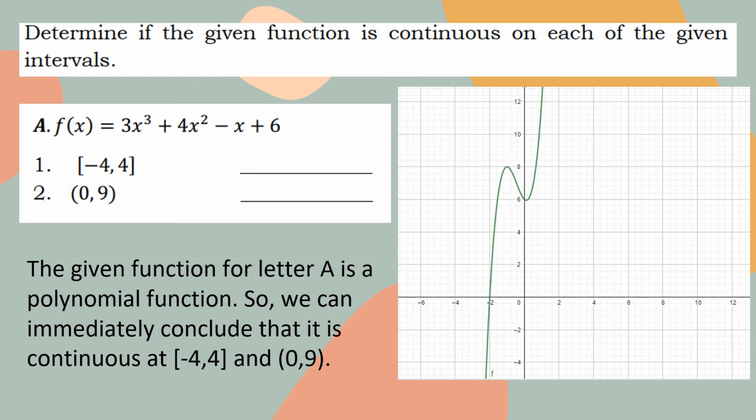But if you are not contented with the explanation, I can show you the graph to prove that from -4 to 4, we have here -4.